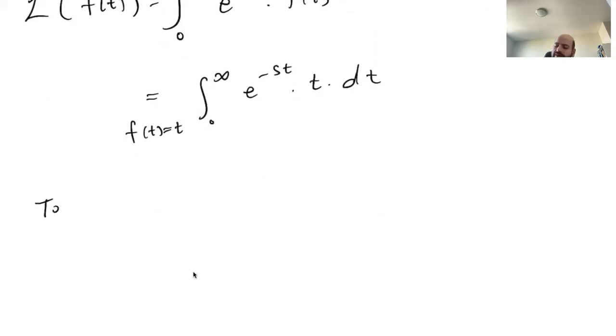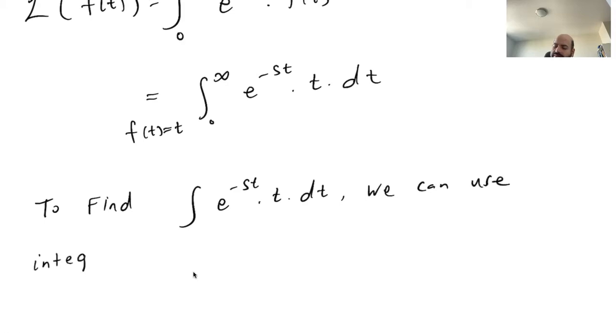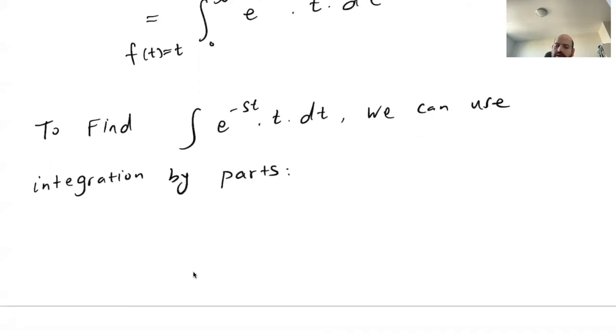So to find the integral of e to the power minus st times t dt, we can use integration by parts. How can we do that?